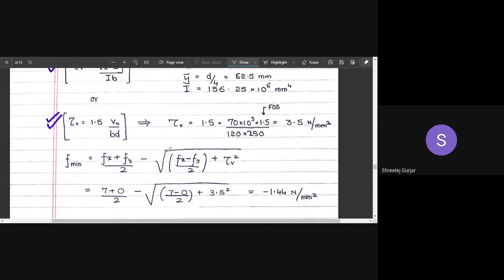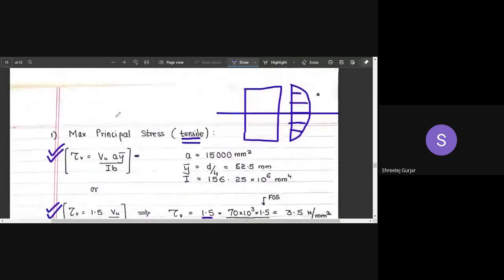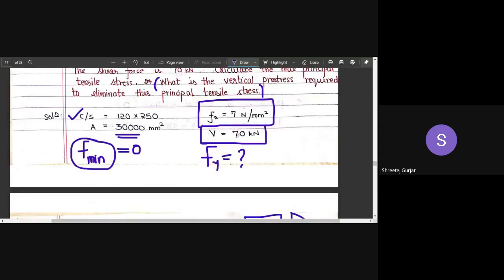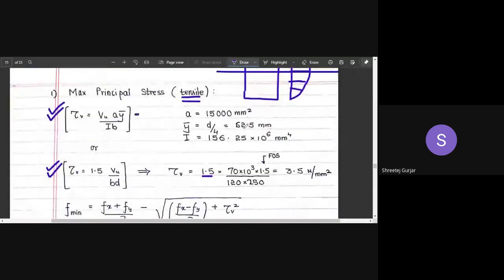So we will substitute 1.5 as it is. VU is directly given to us, that is 70 kilonewton. So this should not be multiplied here. Directly multiply 70 into 10 power 3 divided by B into D, that is 120 into 250.